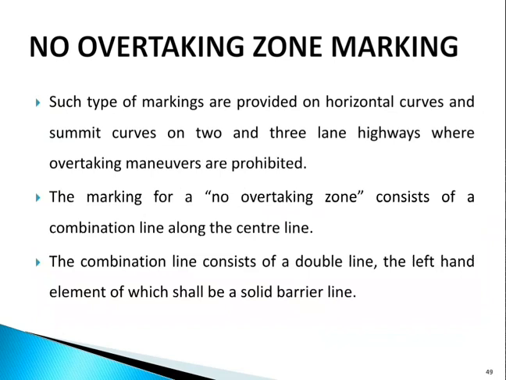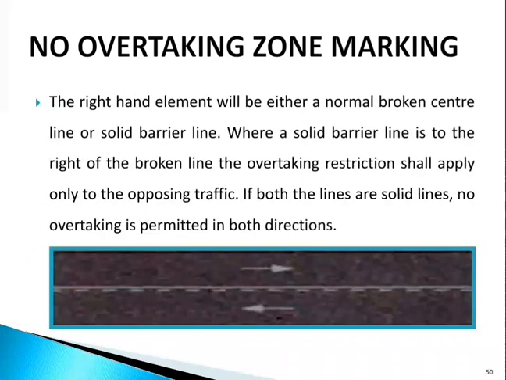The combination line consists of a double line, the left hand element of which shall be a solid barrier line. So, the right hand element will be either a normal broken center line or solid barrier line, where a solid barrier line is to the right of the broken line.